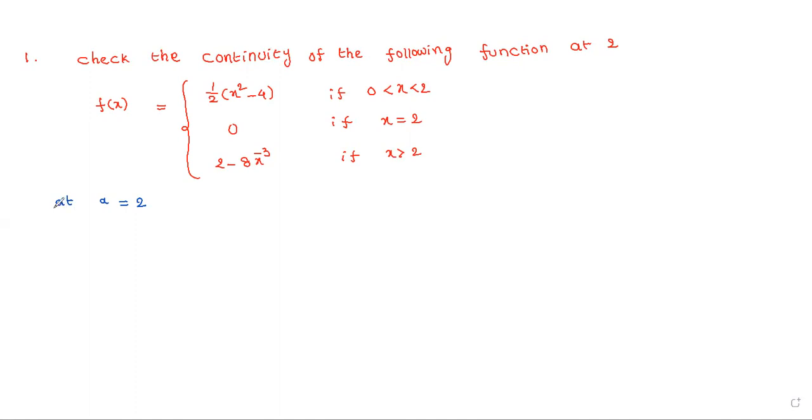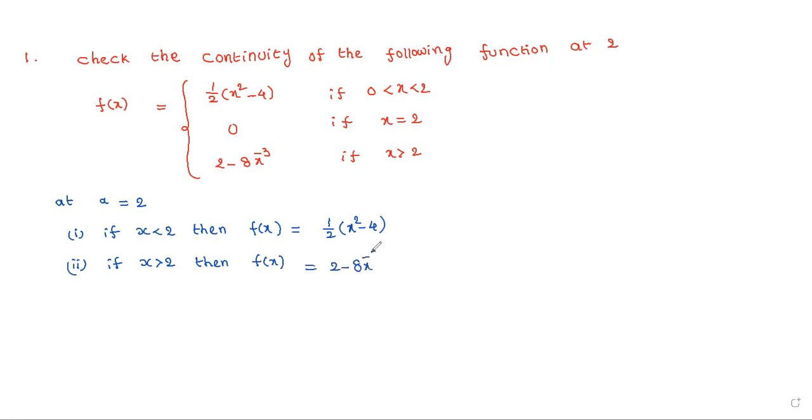At a is equal to 2, first condition: if x less than 2, then f of x equal to 1 by 2 x square minus 4. And second one, if x greater than 2, then f of x is equal to 2 minus 8 x power minus 3.